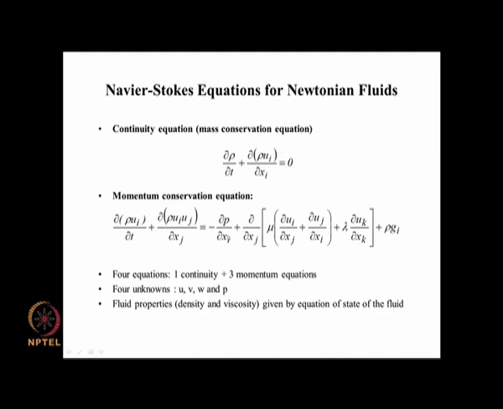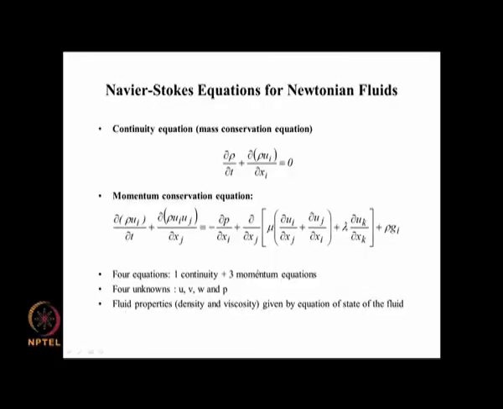These equations together have the three velocity components, that is u, v, w in the Cartesian coordinate system, and pressure p as the unknown variables. They also involve three material properties: the density, the first coefficient of viscosity, and the second coefficient of viscosity. Along with the fluid properties, we also need to have a proper flow domain and boundary conditions.